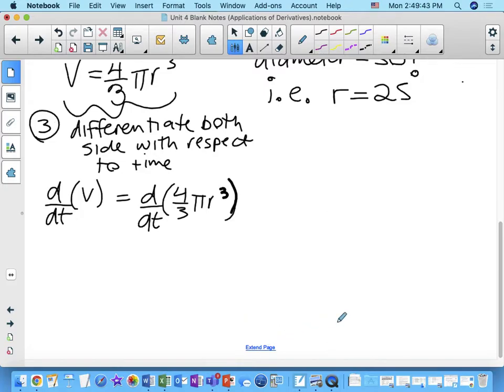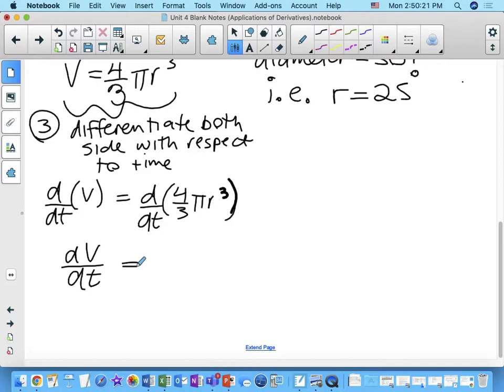Now, this side on the left is just dV by dt, because with implicit differentiation, the derivative of V is just 1. So it's kind of like 1 times dV by dt, which is just dV by dt. The right side, if we're doing implicit differentiation, we'd have to take the derivative of this and then multiply it by dr by dt.